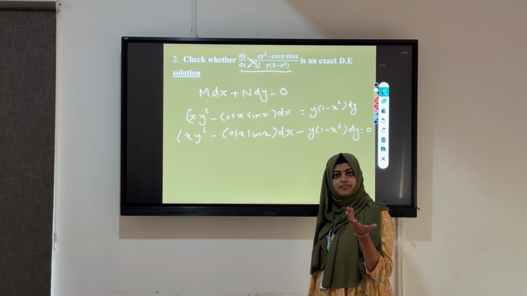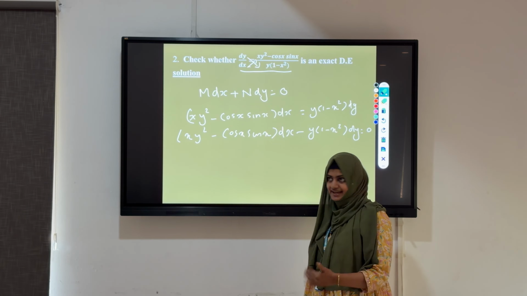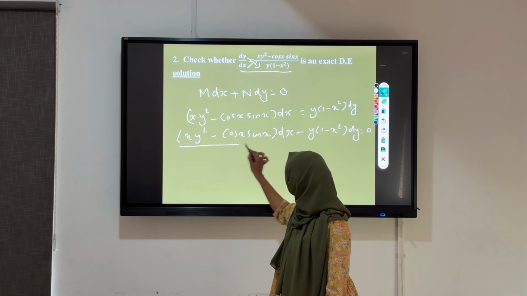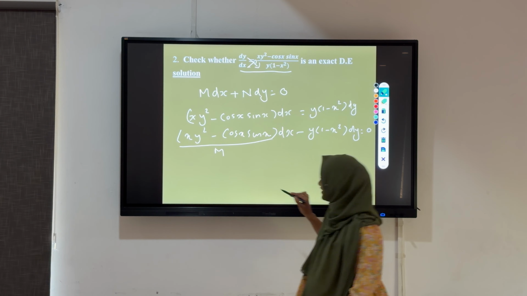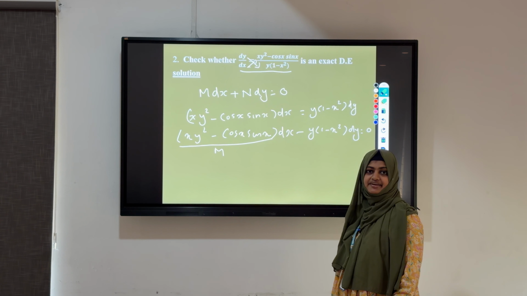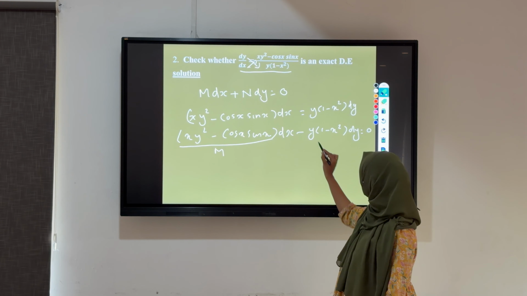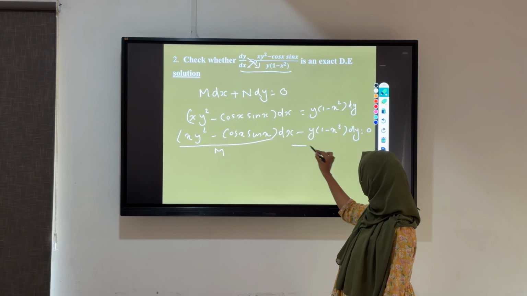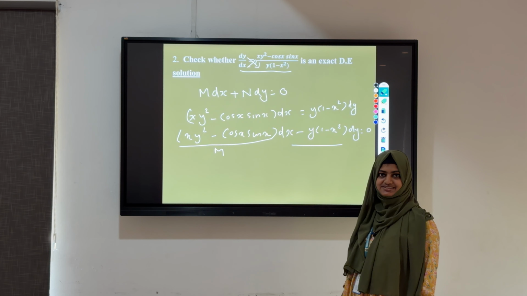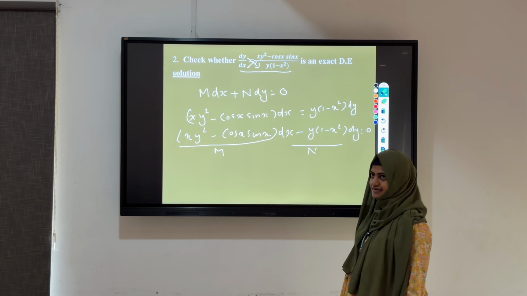Here, what is M? Coefficient of dx, this is M. And what is N? Coefficient of dy. Then consider minus y (1 minus x square) as N.